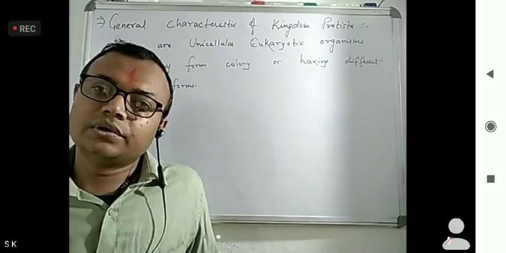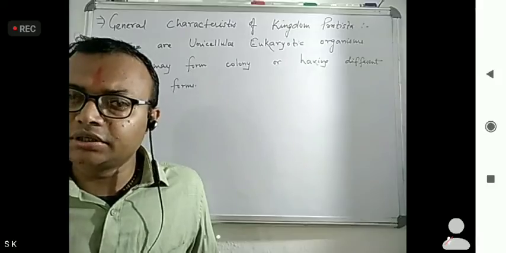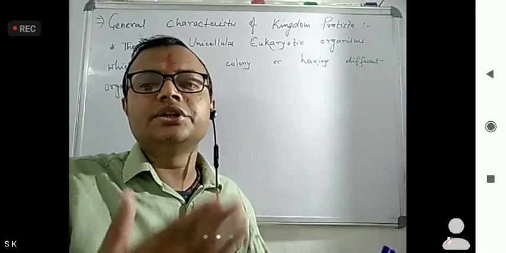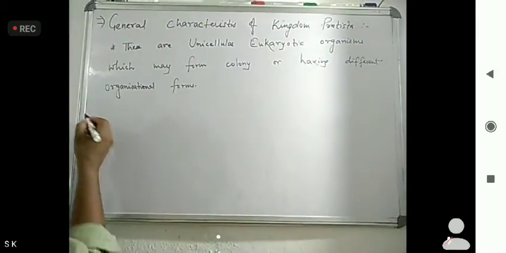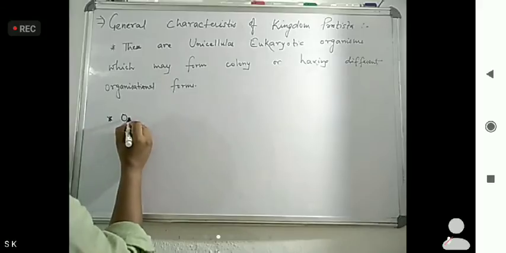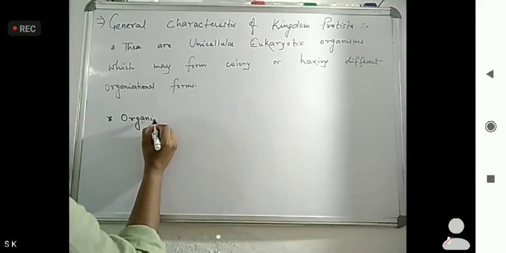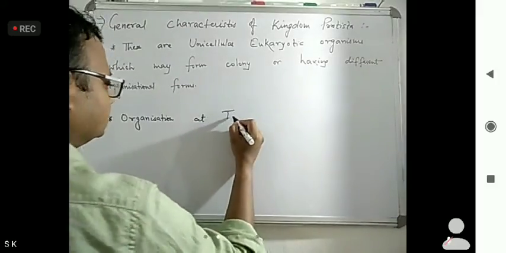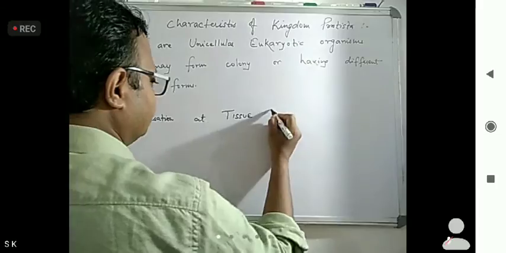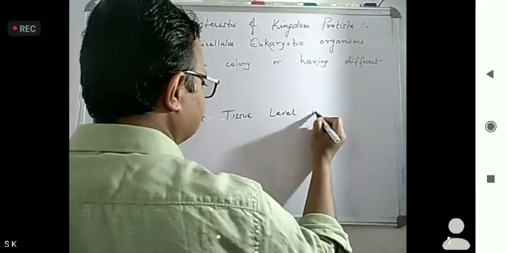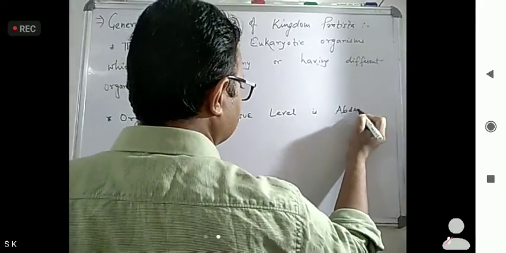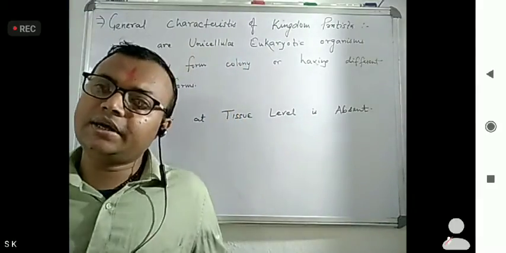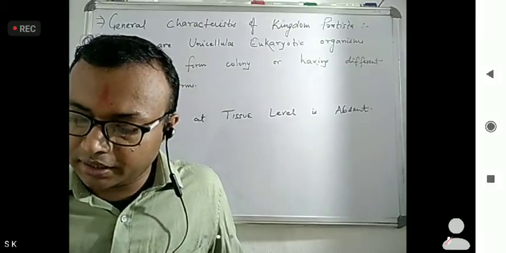Okay. Now here the organization is still at the cellular level. So what we can say, organization at tissue level is absent. Okay.